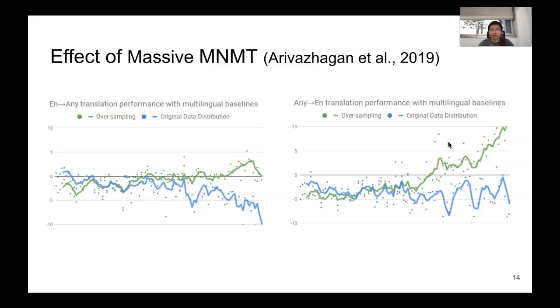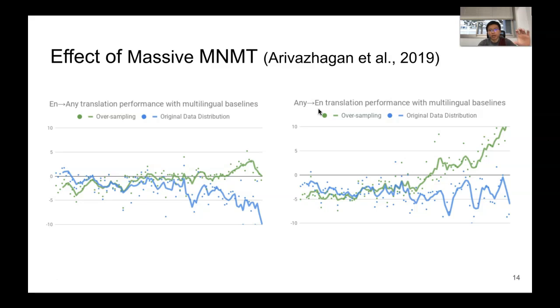Another finding is that this area is for the language pairs that have high-resource parallel corpus, and this area is for low-resource ones. For English to any, we can see that multilingual systems are helpful for the very low-resource language pairs if we do oversampling. And this one is any to English.